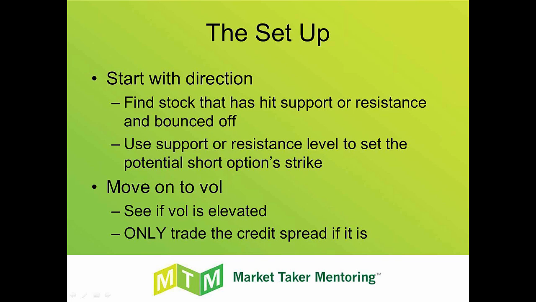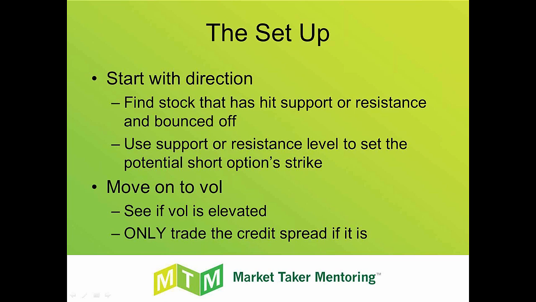I'm going to start looking at direction. I'm going to look for a stock that has hit support or resistance and bounced off, 3 or more times is ideal. And then I'm going to use support or resistance to set the potential short strike of the option. I want to sell my option at or beyond support or resistance.